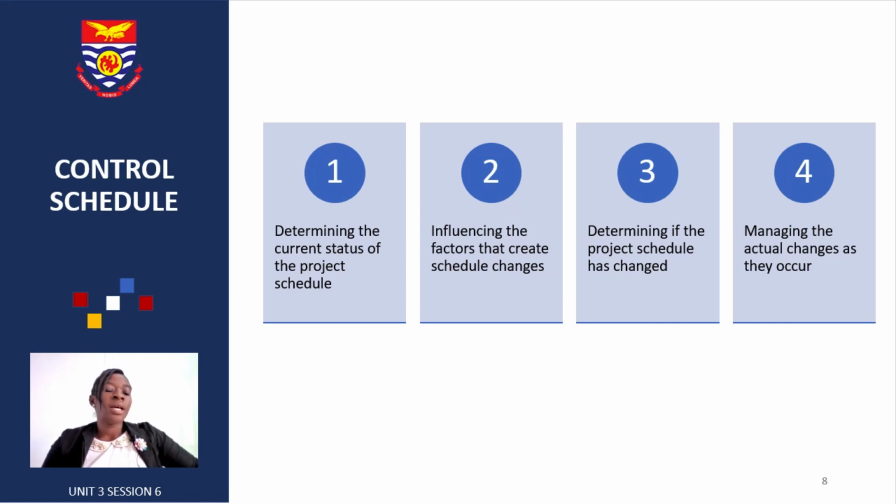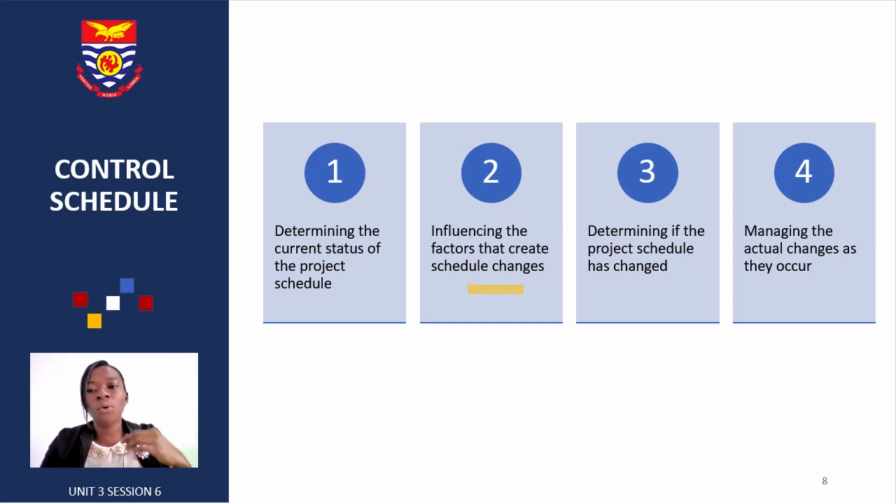Yes, and we've made mention that whenever we're looking at control, we're determining the current status of the project schedule as against what we had actually planned. This is actually the influencing factors that create schedule changes, and to determine if the schedule has changed, and then to manage the actual changes as and when they occur.